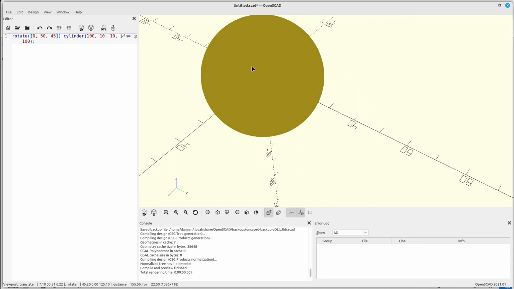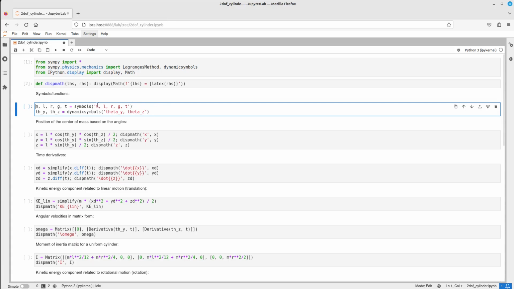Like if you look from above, you'll see a circle. You have G, which corresponds to the gravitational acceleration, and T, which stands for time. So those are the symbols.